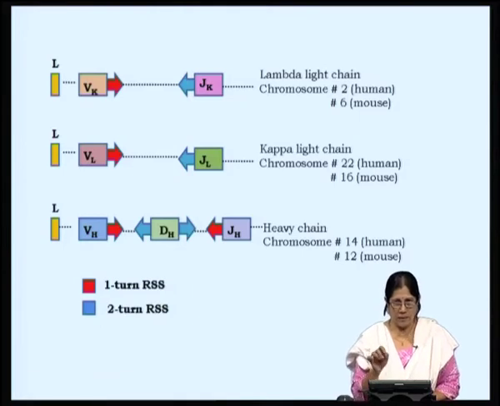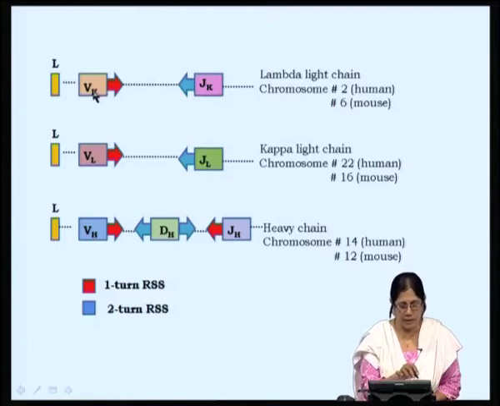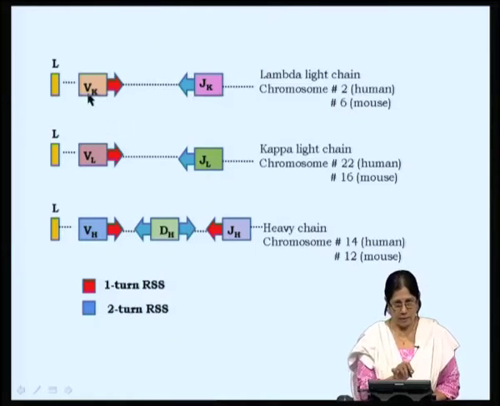How is it that only one of the several J segments present and only one of the several V gene segments present combine? This is because of the presence of special recognition signal sequences, which I may not have mentioned earlier. These are conserved through evolution.